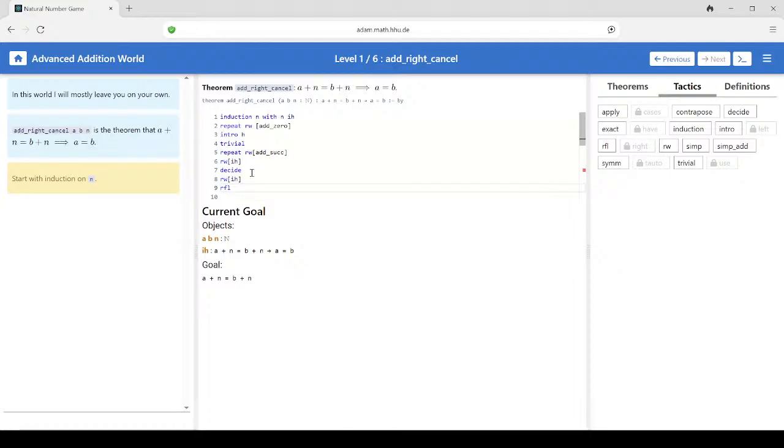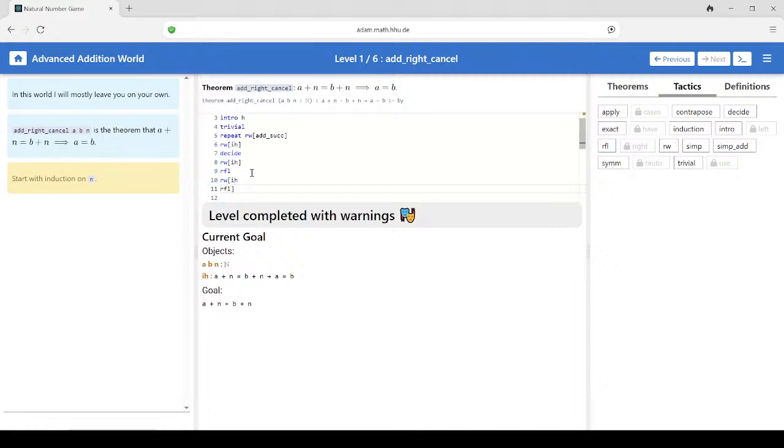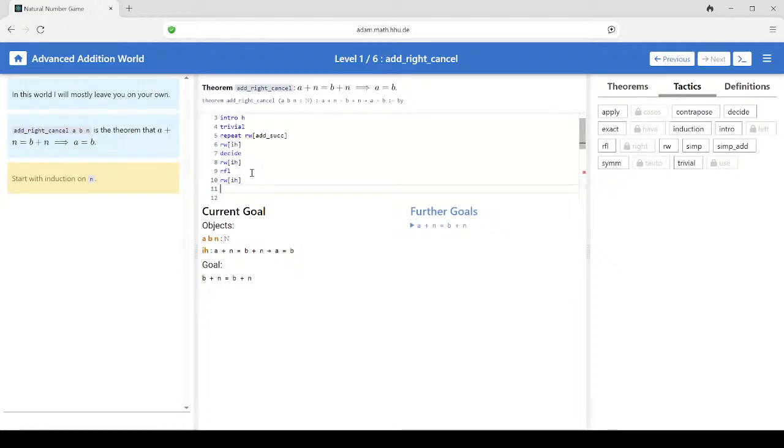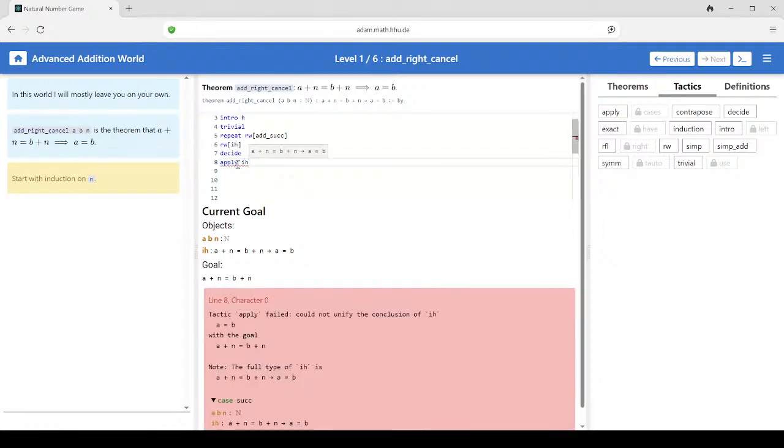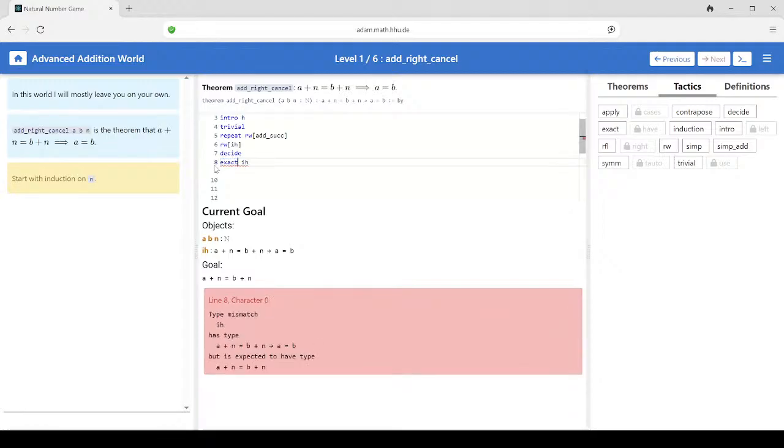We're still in the... Whoops. Yeah, no, we're stuck in the loop again. Apply doesn't work. I still don't understand the difference between apply and exact.